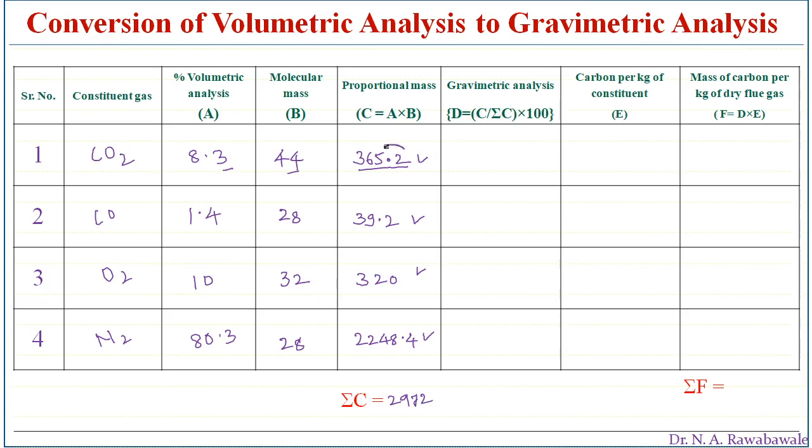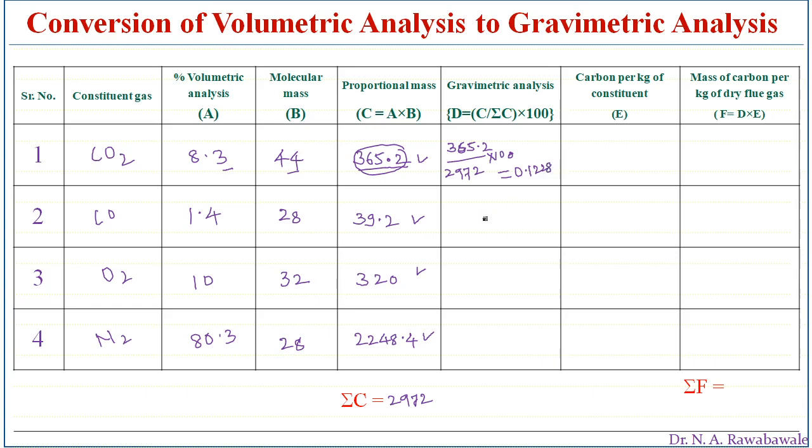C value here is 365.2 divided by the summation of C, 2972, into 100. This will be 0.1228.